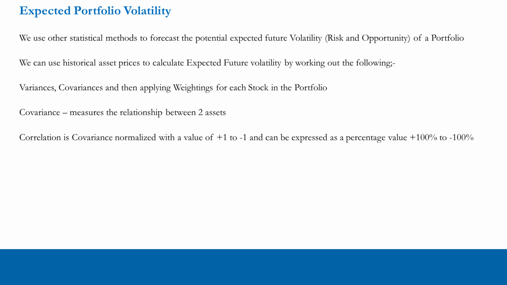Covariance measures the relationship between two assets, and correlation is simply covariance normalized with a value of +1 to -1. It can also be expressed as a percentage value, +100% to -100%.